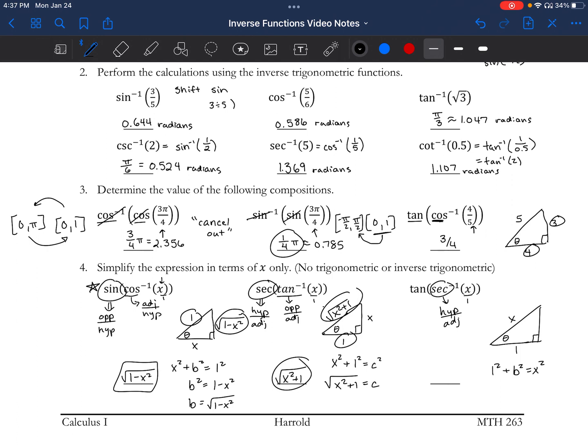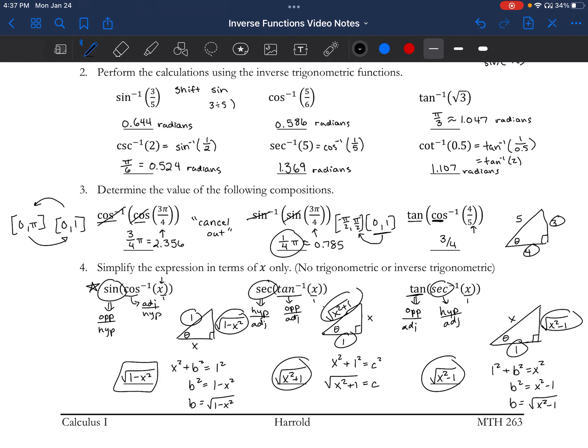I subtract, so b squared equals x squared minus 1, and then take the square root. That's the square root of x squared minus 1. When I want tangent, I need opposite over adjacent. So we take this opposite side over this adjacent side, and that gives me the square root of x squared minus 1. That's going to be my final answer.